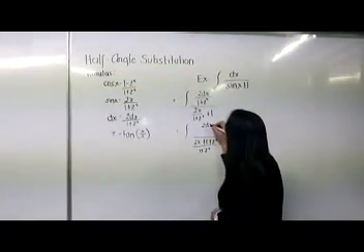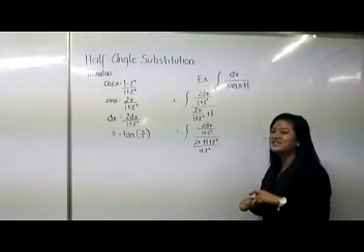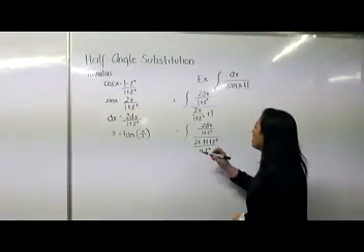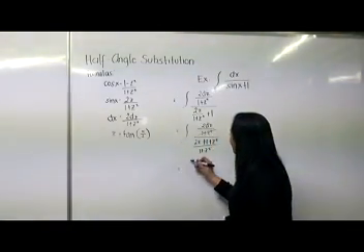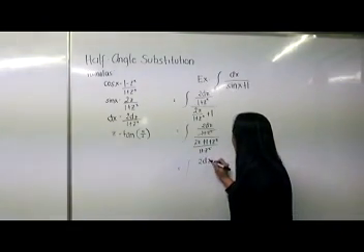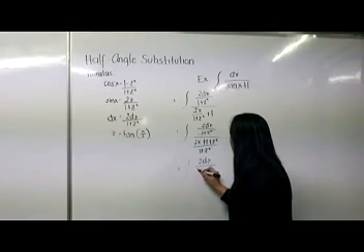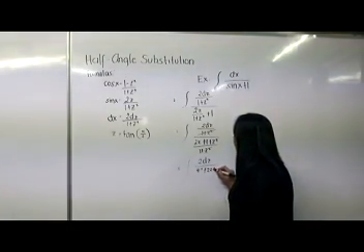Then write the numerator as it is. The next step is to cancel out the denominator. So the remaining values are the integral of 2dz over z squared plus 2z plus 1.